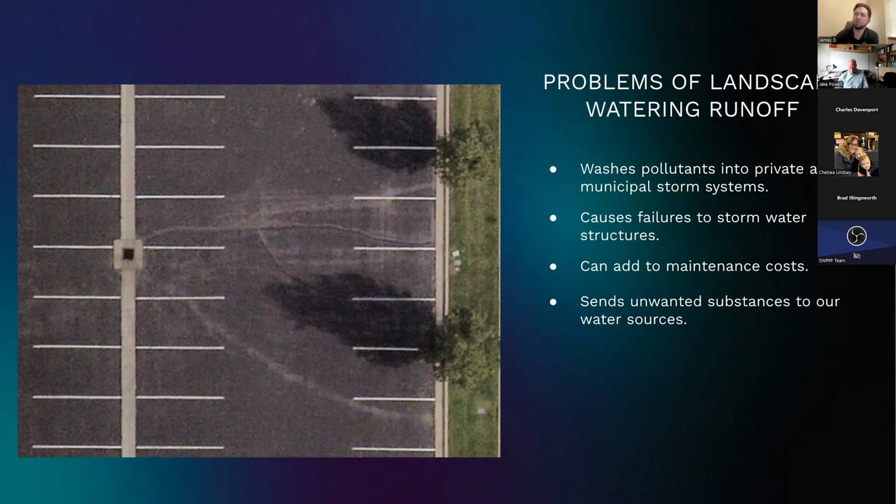And in that image, if you can see, there's the landscape on the right, and it's being overwatered. The water comes over the curb, drains out onto the asphalt and into the storm drain, and it just takes any pollutant that's on the hardscape right into the drain, as well as unwanted nutrients from the landscape.